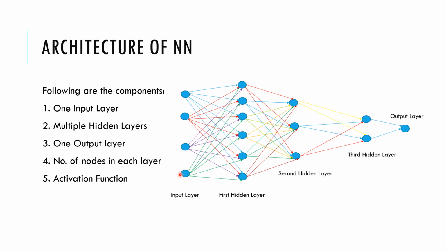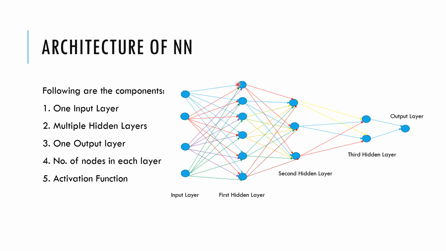Then you have the activation function. The first input layer does not have activation functions, but all the other layers have activation functions. Each hidden layer will have one activation function, and each node will work on that activation function. This particular node will receive data from all these four input nodes, right?